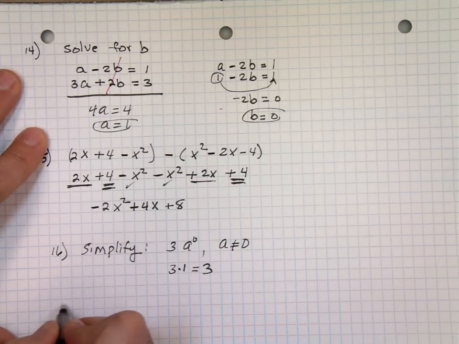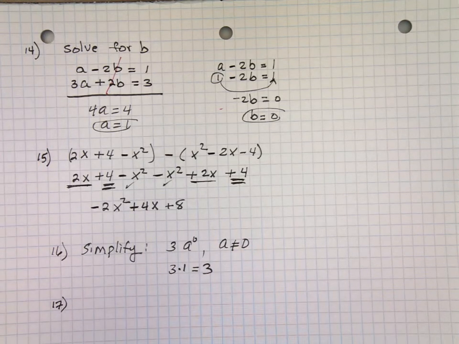They said a doesn't equal 0 because 0 to the 0 can't be done. 0 to the 0 is undefined. So that's why it can't be 0. Anything to the 0 power is always 1 except 0. I thought there was a catch. Nope.